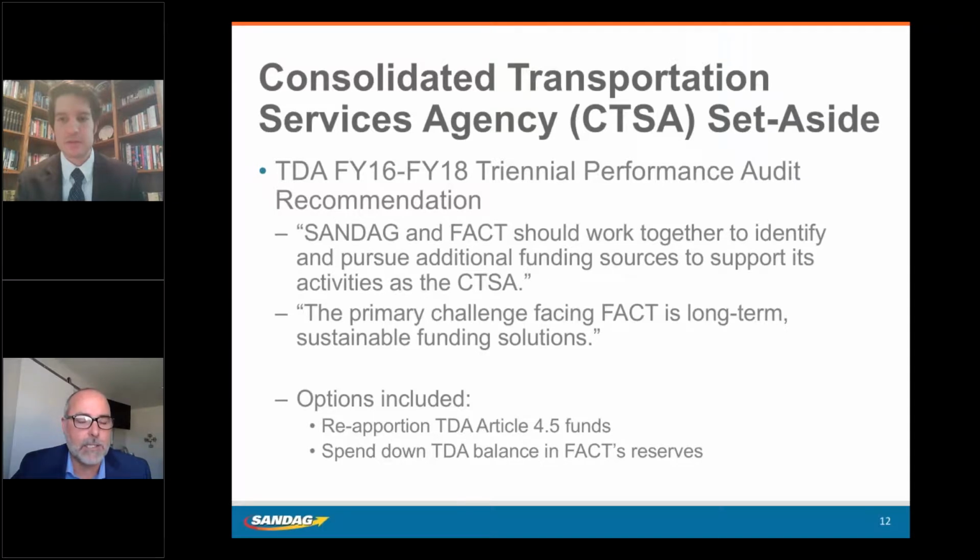In 2006, through a competitive process, CTSA, or FACT, was awarded the CTSA job for SANDAG. Through that, they receive about $132,000 per year, and that's their only dedicated source of funding.